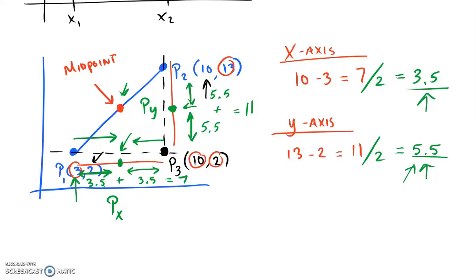In order to find our PX, we're going to start at 3, because this point starts at an x value of 3, plus our 3.5, because that'll put us at the halfway point of our x-axis line. So that would put us at 6.5. Now this here is our x-axis coordinate point.